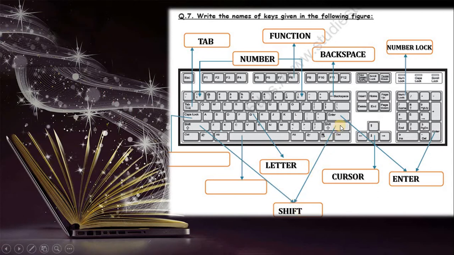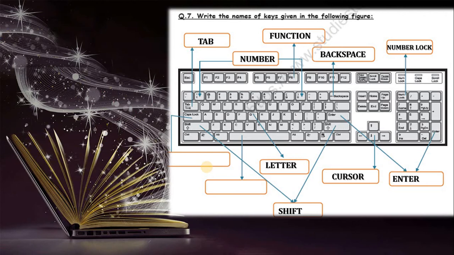Now see another one, shift key. See here both arrows, one is here and the other one is here. So we have two shift keys on the keyboard. And what is the use of the shift key? For writing in a capital letter. Remember this key and its use, because in the Google Meet activity session, I will ask a particular student a question and you have to give the answer, right?